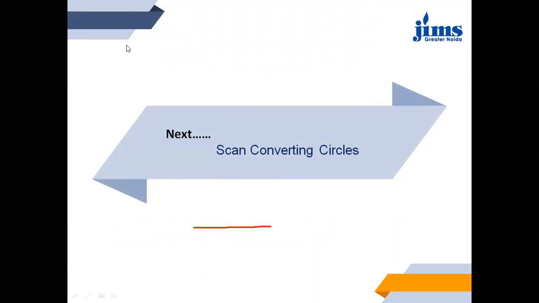So I hope it is clearer than the last lecture, because we discussed the same thing in a different manner. Today we discussed scan conversion for a line. In this we discussed two methods: first DDA and second Bresenham's line.